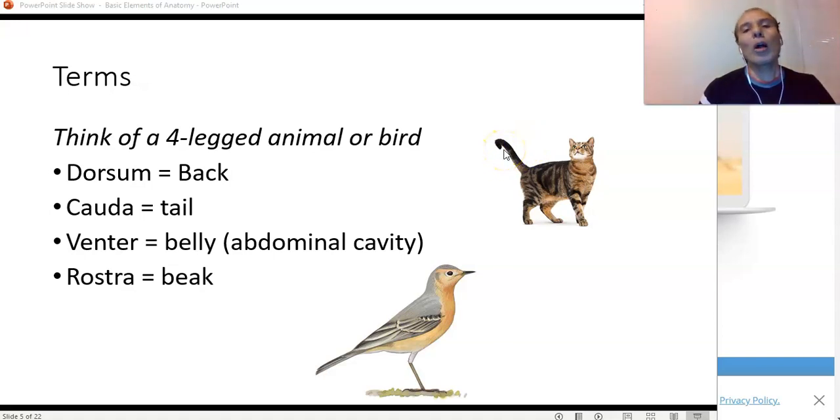When I say caudal, it has to do with the tail, like the caudal hair of the cat. You specifically speak about the fur or hair of the tail of the cat. The caudal fin of a fish is the fin that's at the very back of the fish, or the caudal feathers of the bird, the feathers of the tail of the bird.